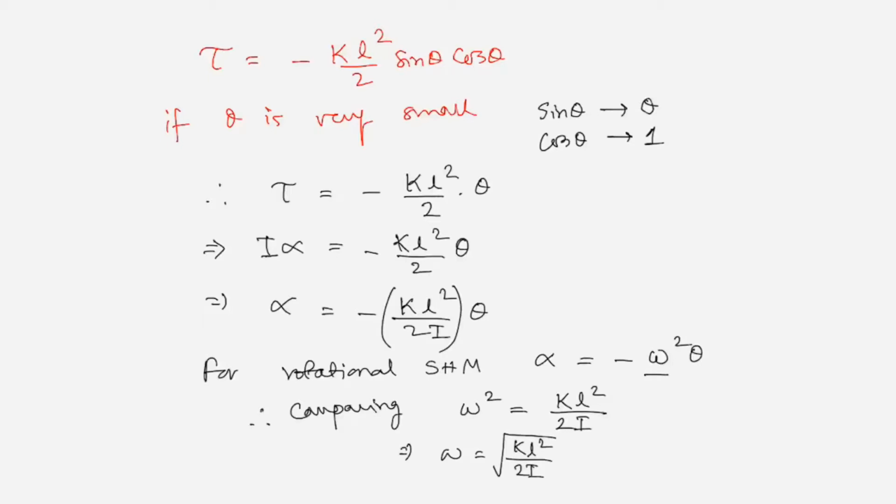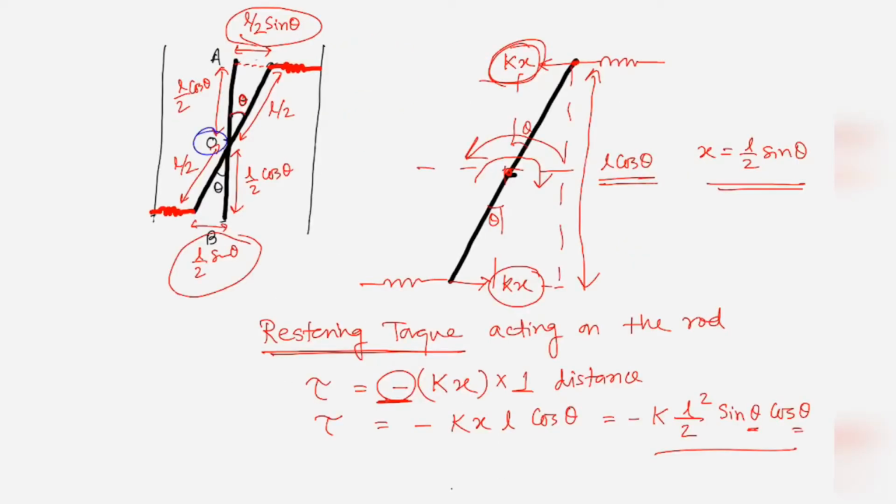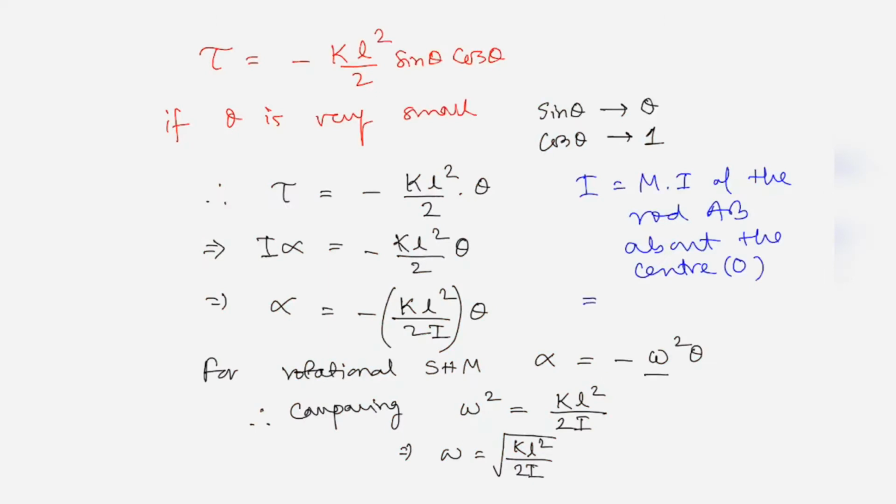Now coming to I. I is the moment of inertia of the rod AB about the center. Center is O, right or wrong? Because the rod is rotating about its center O. So what is the value? You have to remember the value. This is 1 by 12 into M L square, where M is the mass of the rod.